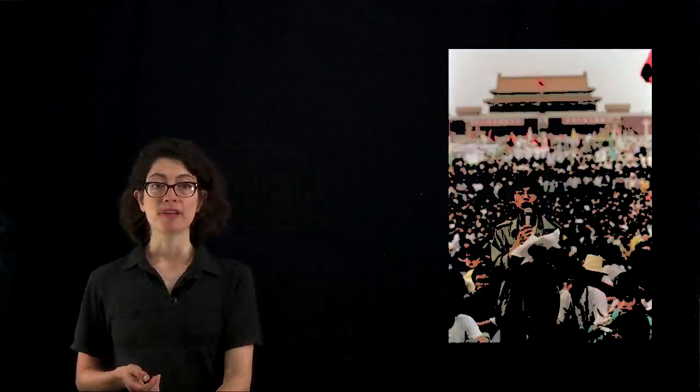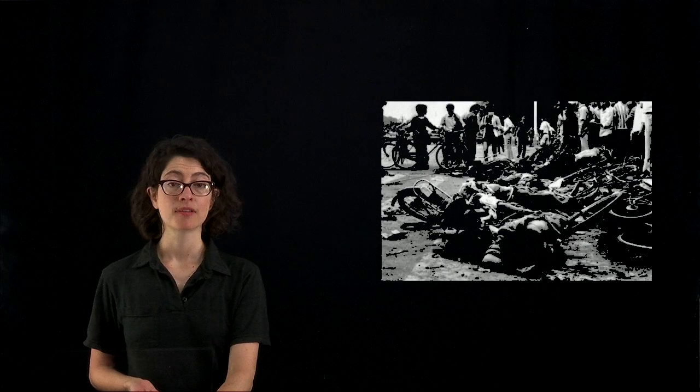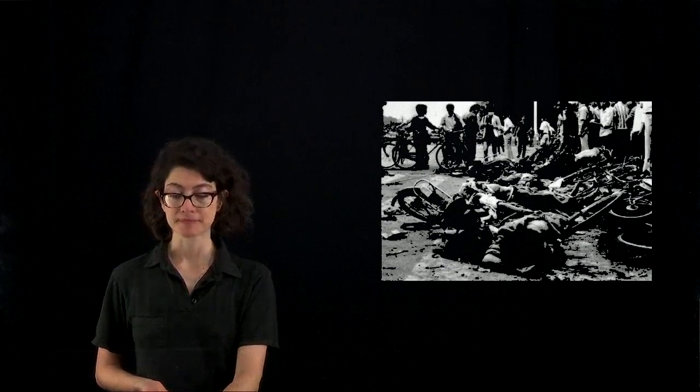Starting in the 1970s, after the death of Mao Zedong, the Chinese Communist Party began to open up its economy to more free market models, leaving behind its anti-capitalist beginnings. But on the other hand, politically, it remains, to this day, a repressive state.